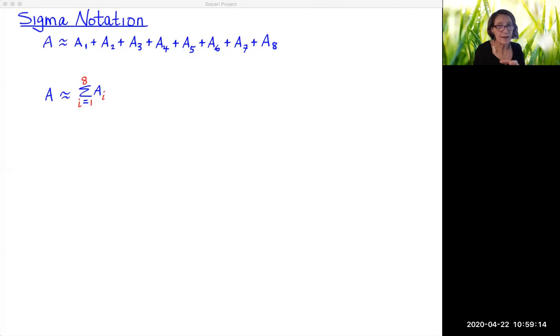And what are we adding together? We're adding a sub i. So a sub 1, a sub 2, a sub 3, up to a sub 8. As I said, the subscript is called the index, and that's what i stands for. So in this example, i is going from 1 to 8.